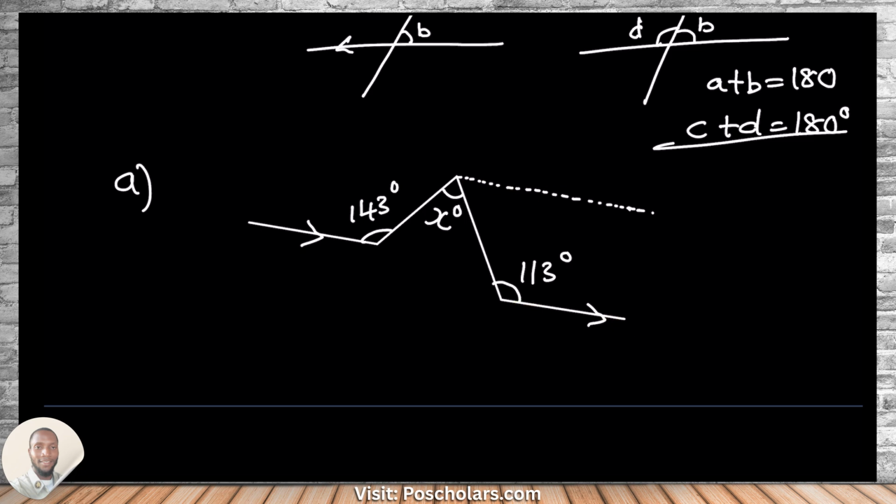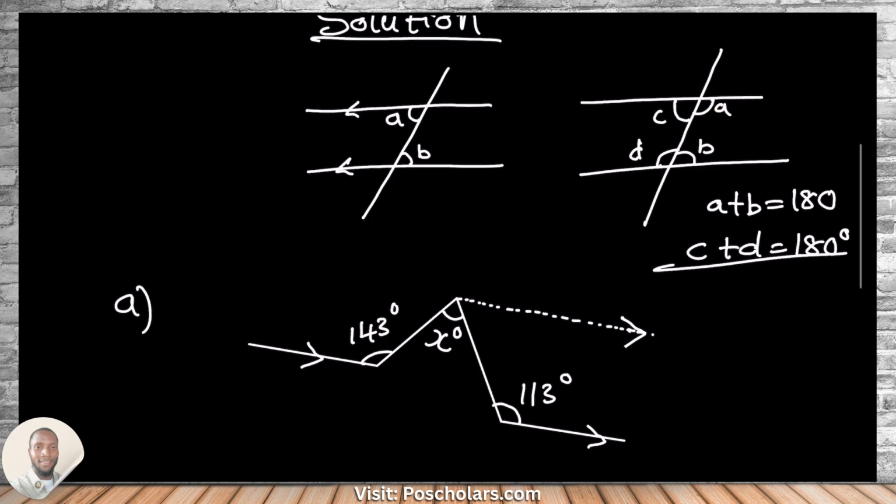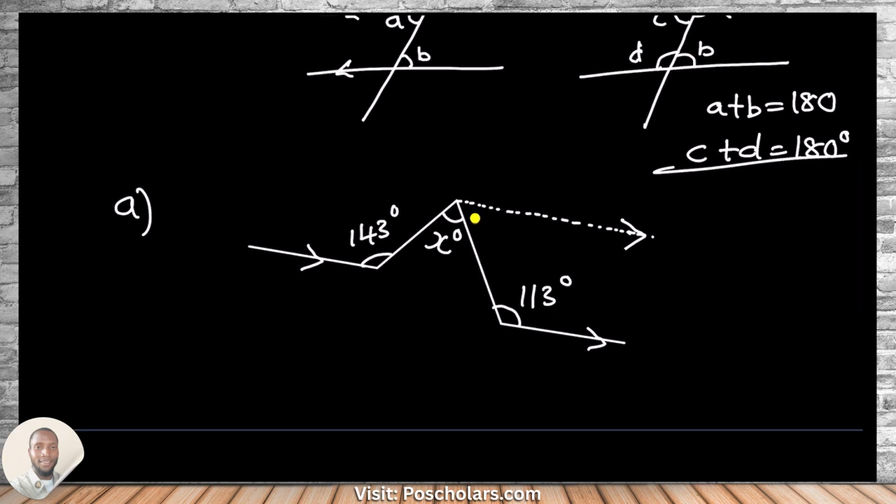If it's parallel to this line, similarly, it's also parallel to this one, because we know this line and this line are parallel. Definitely, this line also is parallel to this line. So I will put the parallel symbol, which is this. Now, if you study this diagram, you see that this angle and this angle are cointerior, just like this. They are cointerior angles. That means they must sum up to 180.